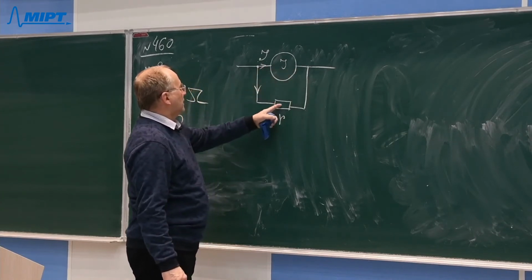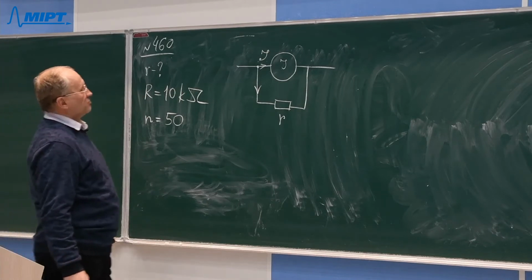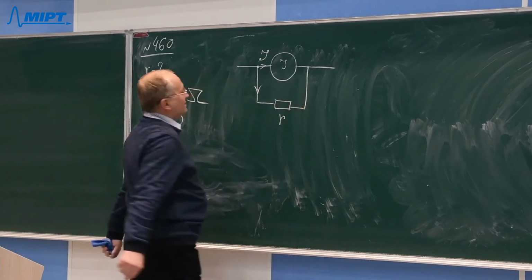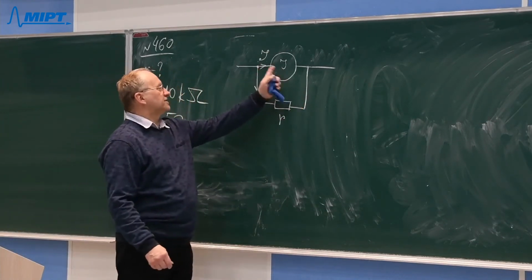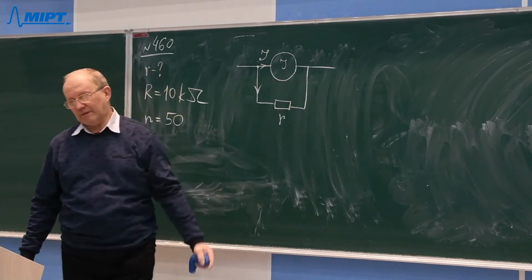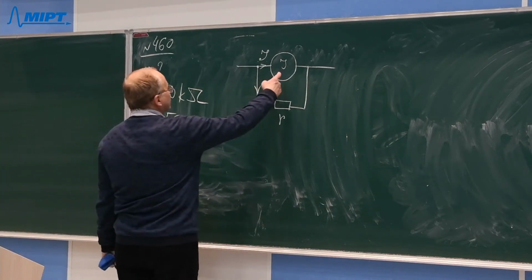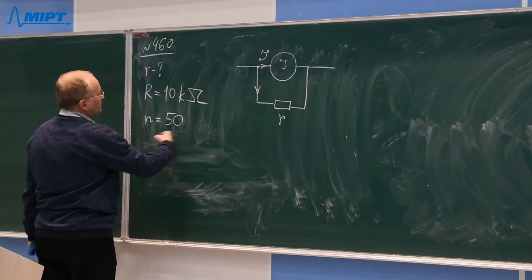Such an additional resistor is called a shunt, and such a procedure of attaching this shunt in order to reduce the sensitivity of the galvanometer is called shunting. So we have to shunt the galvanometer in order to reduce its sensitivity by 50 times.